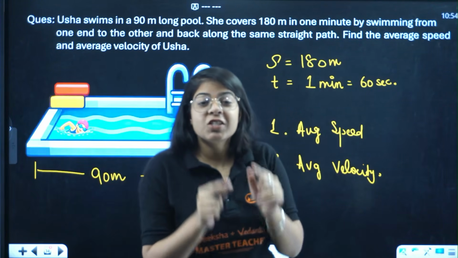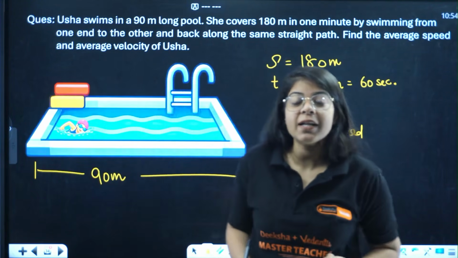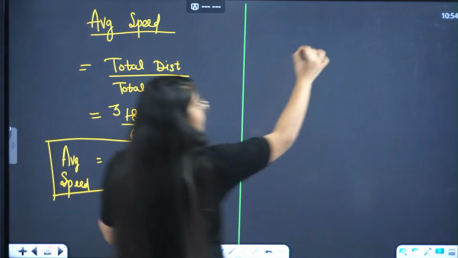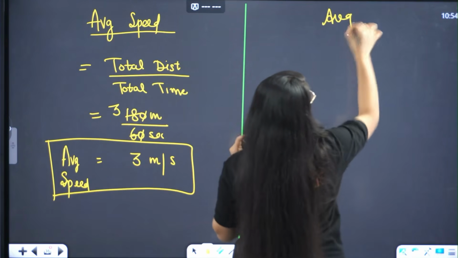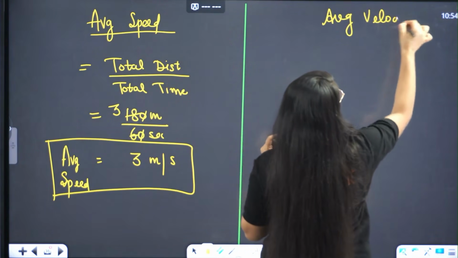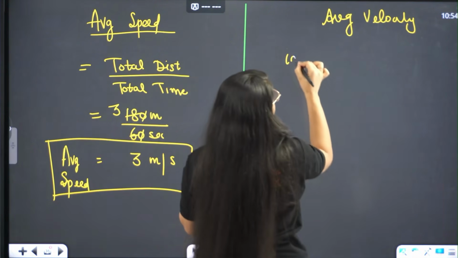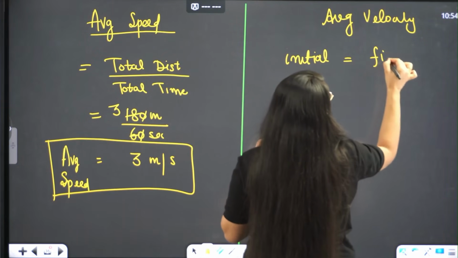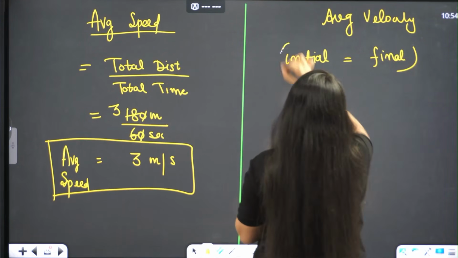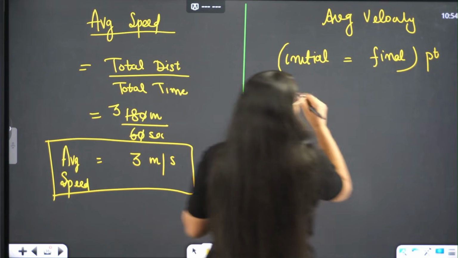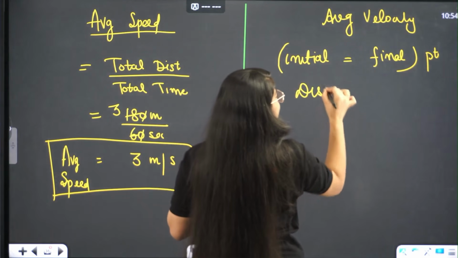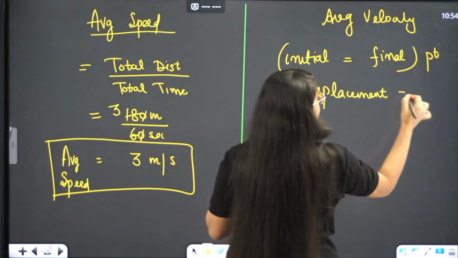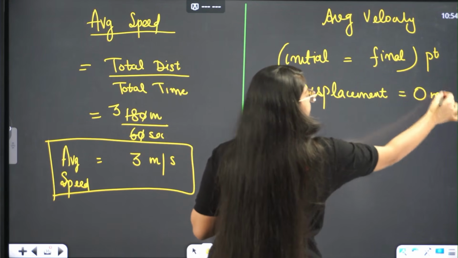But you know, she came back to the same point, and when initial and final point are same, she started from one end, she came back at the same point again. So initial and final points are same. That means displacement is what? Displacement is 0. Displacement is 0 meters.